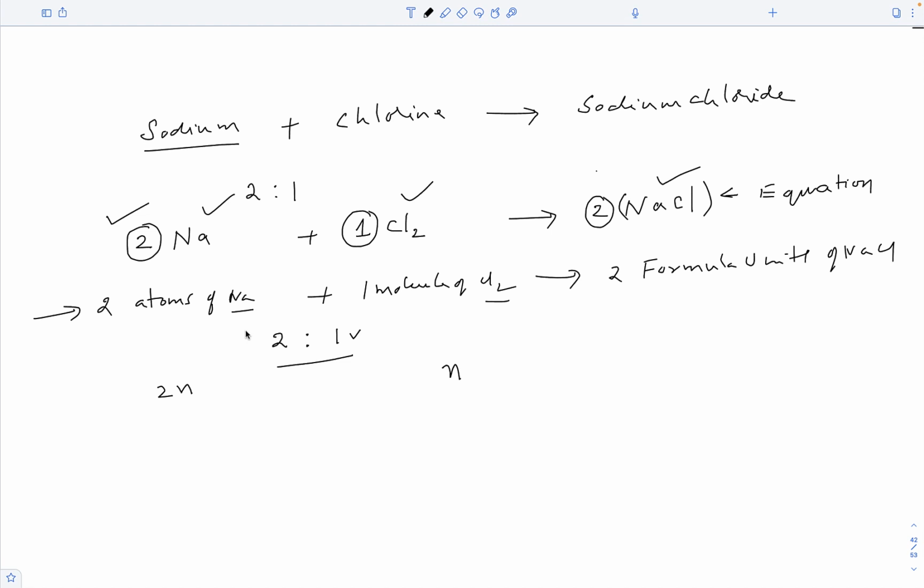We cannot count particles like sodium atoms and chlorine molecules. So we cannot buy sodium atoms by count. We cannot buy chlorine molecules by count. We can buy them only by weight. We can buy certain mass of sodium and certain mass of chlorine.